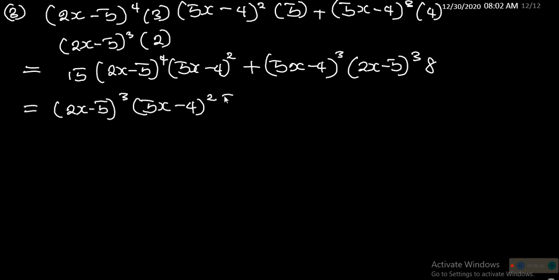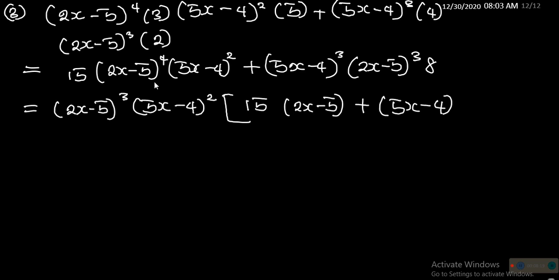So then we take the remaining: 15 into 2x minus 5, plus, in 5x minus 4 squared and 5x minus 4 cubed we have 5x minus 4 left, and in 2x minus 5 cubed we are left with 8.